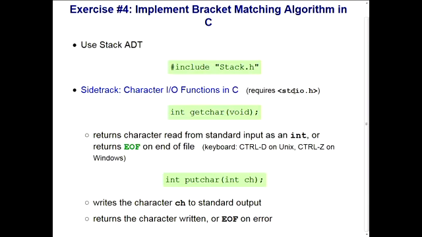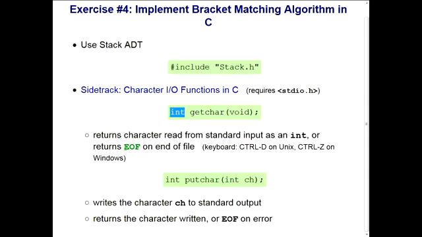Now we look at how we can read characters. There are two functions that I'm going to use. The first one is getchar. That doesn't take any argument. It returns an integer, and it returns the character in the ASCII code read from the standard input, which usually is the keyboard, as an integer.